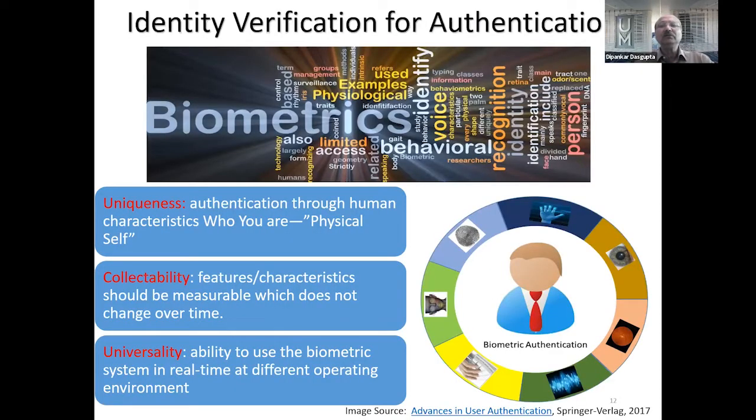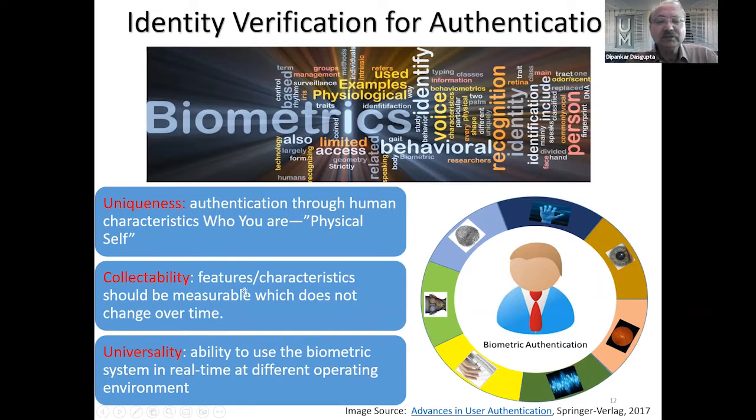Now, if we look at biometrics, they have become more important, and many of our mobile devices have biometrics. It provides uniqueness, right? The authentication is through human characteristics, who you are, the physical self. And the question is collectability.